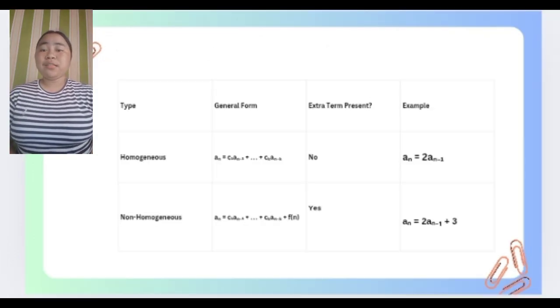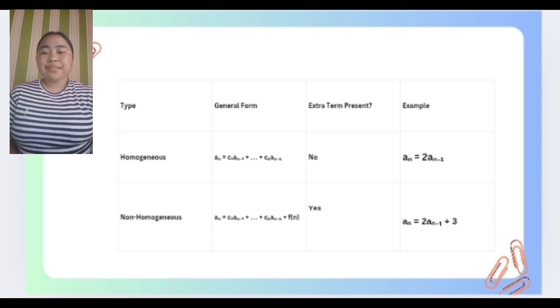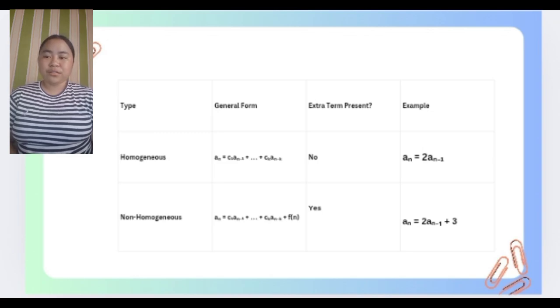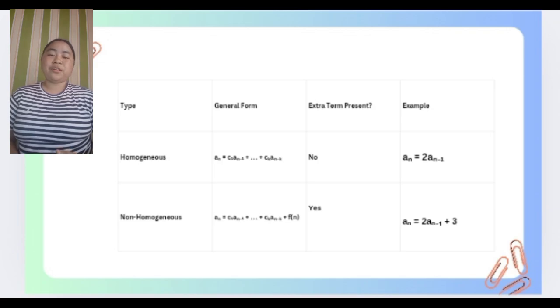So for us to easily identify the different kinds or methods of solving linear recurrence relations, we have here a table. In the first column, we have the different types: first is the homogeneous and the second is non-homogeneous. In the second column, we have the general form.